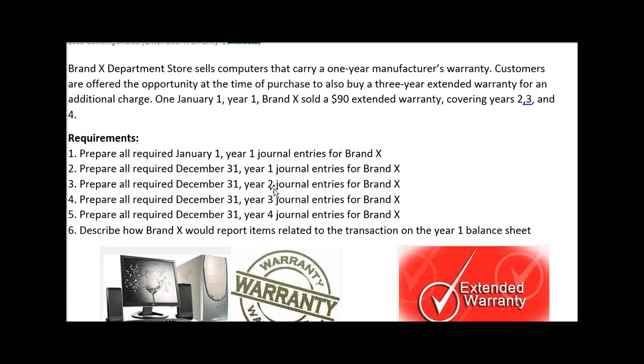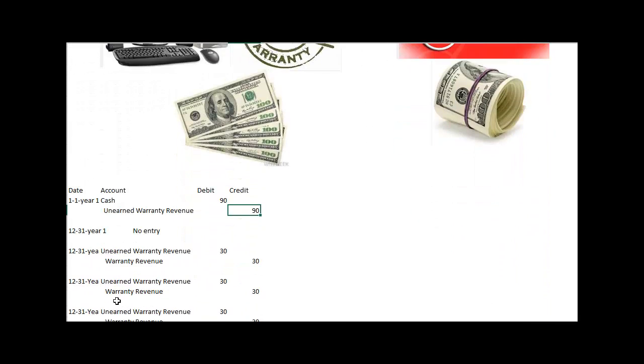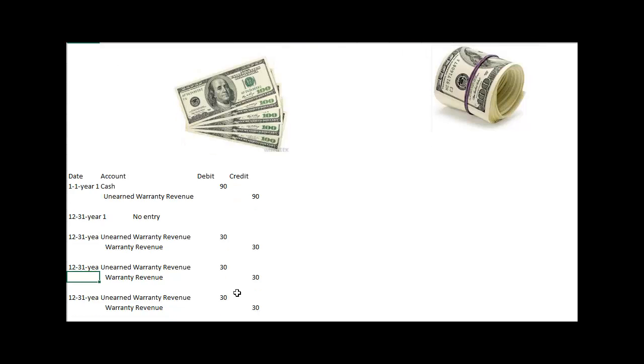And so this becomes easy for the next several years until we've recorded all of the earned warranty. So at the end of the next year, we repeat the same entry. So 12/31 of year 3, we earn another third of the warranty. Profit goes up by a third. Warranty liability goes down by a third.